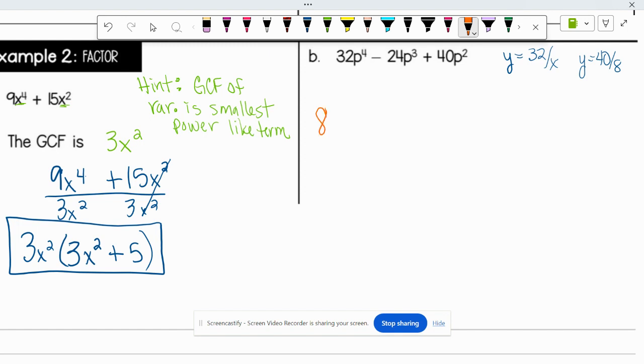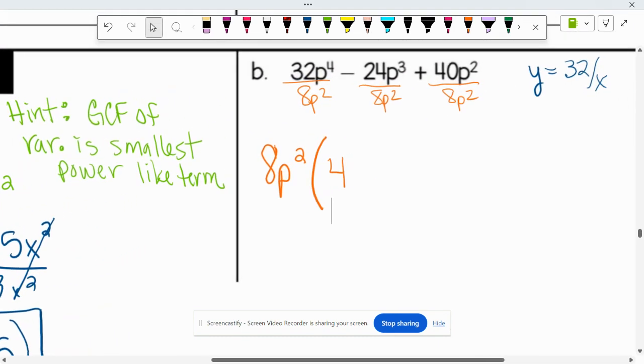What is the smallest power of my variable term? p squared. So we're going to divide everything by 8p squared. 32 divided by 8 is 4. p to the fourth divided by p squared: if the base is the same, you do what with the exponents?